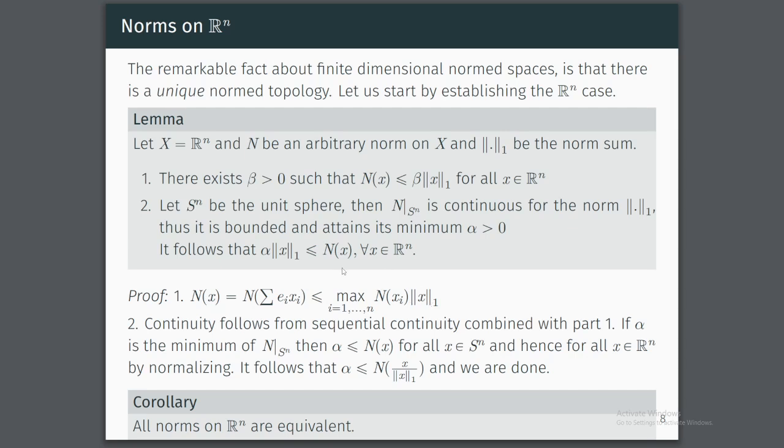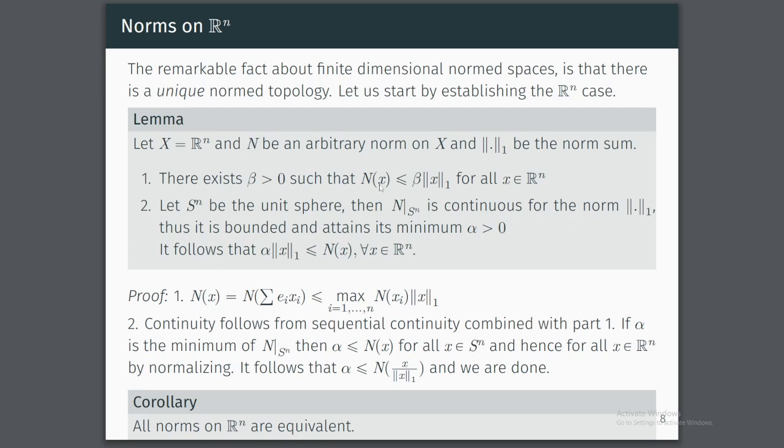A little bit of a mistake there, because the sum of ei was just a constant, so that's not going to work out. Either way, I'll fix that in a second. So we prove that the norm of x is bounded above by a constant times norm 1.